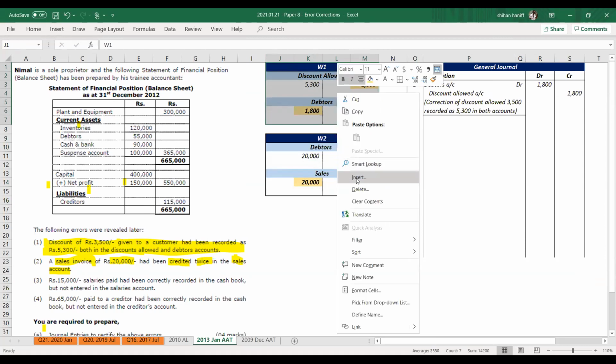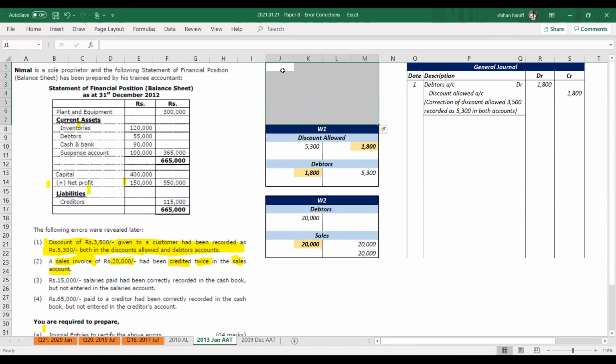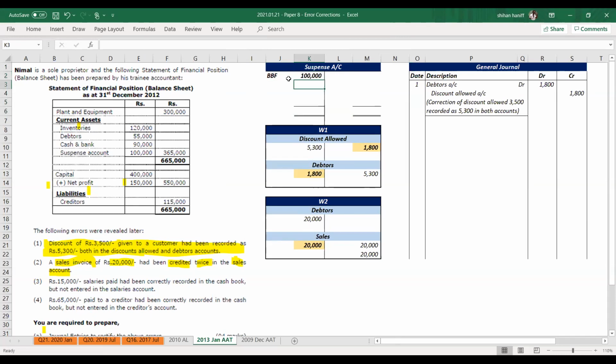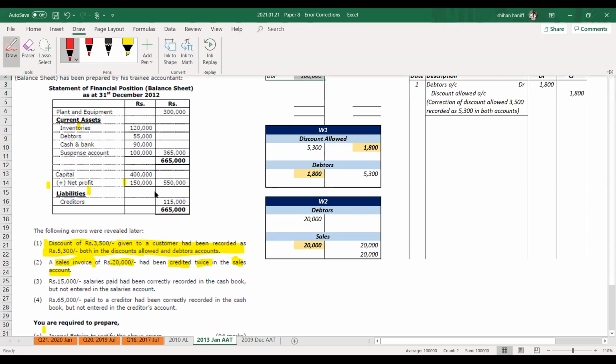You can draw a suspense account. The suspense account has an opening balance, balance brought forward, a debit balance of 100,000, according to the question.